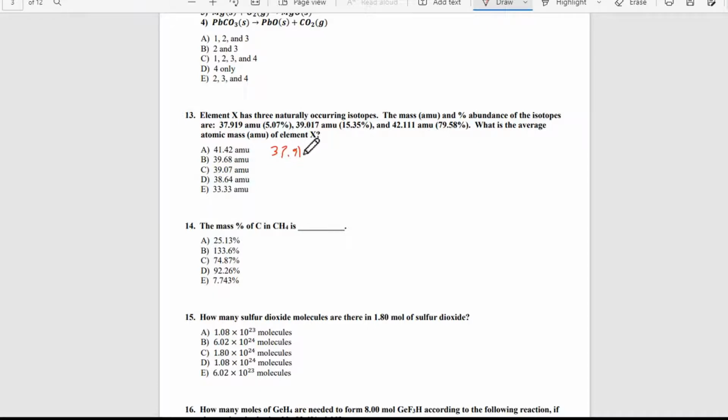So basically, what I do is I take the 37.919 and I multiply it times 5.07, the percentage. And just because I'm lazy, I don't think I'm going to write percent anymore. Then I'm going to take the 39.017 rather, and I'm going to multiply by its percentage, 15.35.